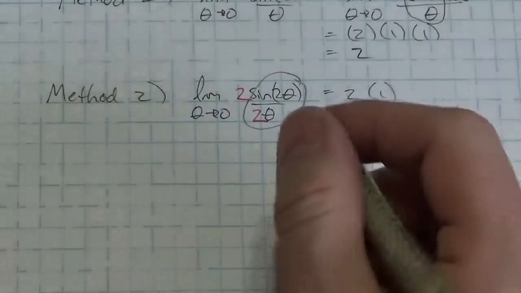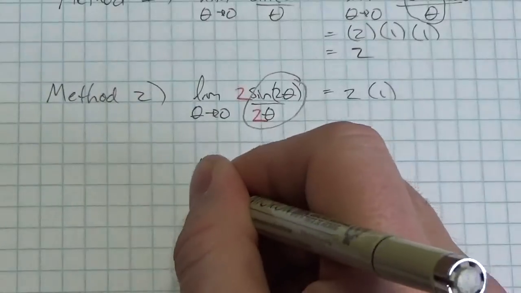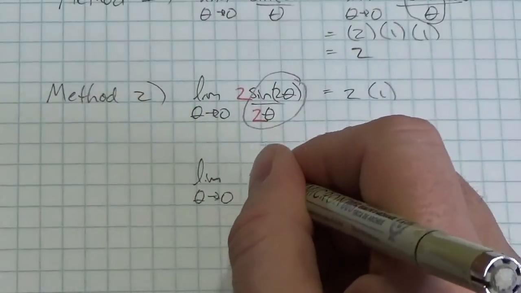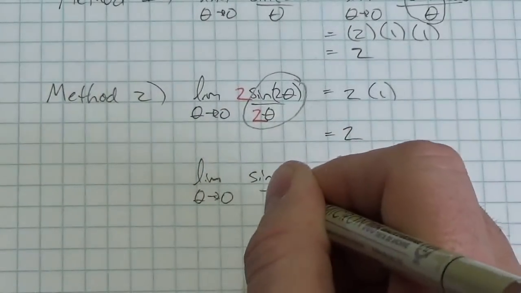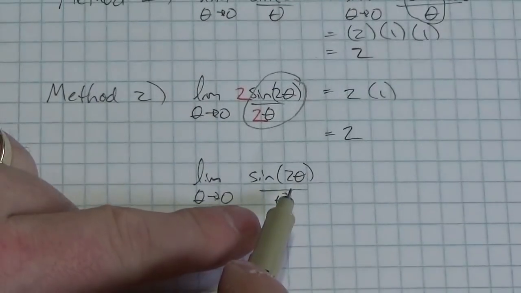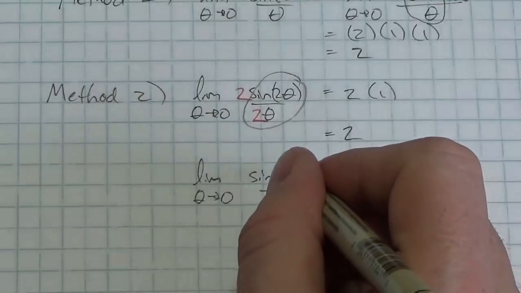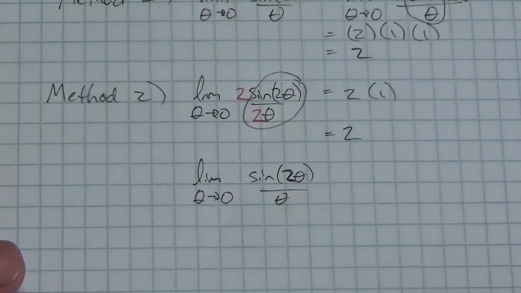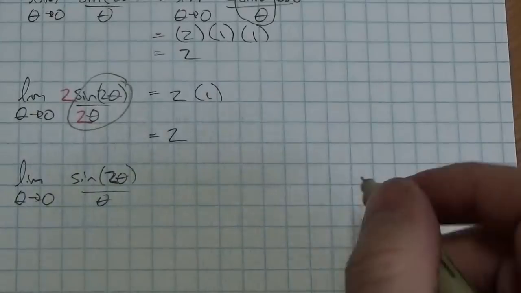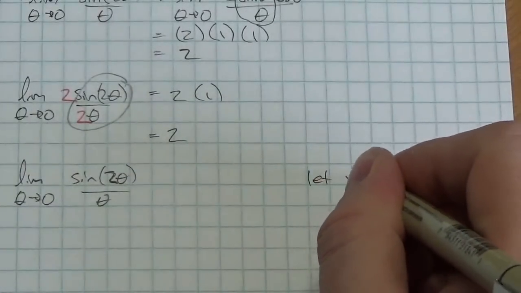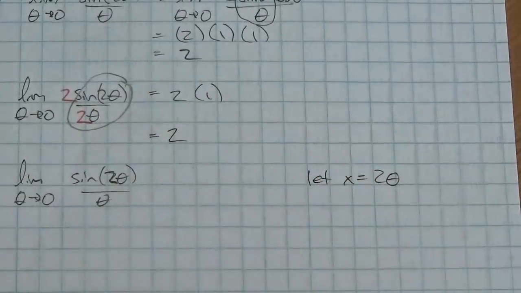Now, the other way of looking at that, and this is exactly the same method, it's just another way of executing it. I might look at this and say, okay, my problem here is this 2 theta, that is the argument of that trig function. So I'm going to let x equal 2 theta.